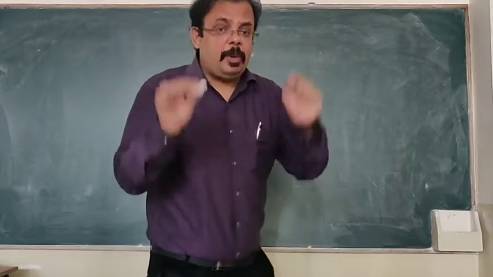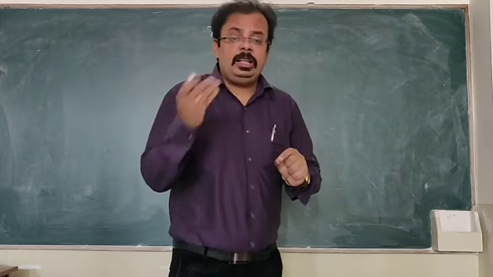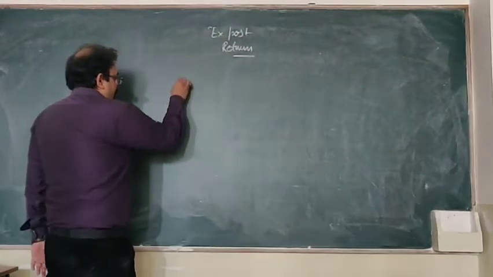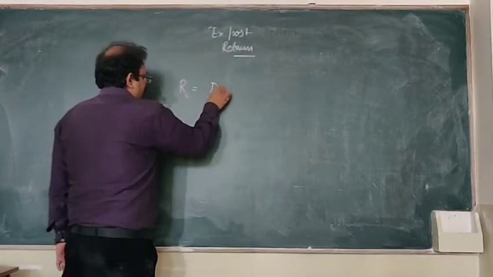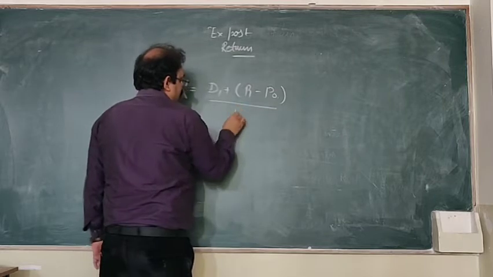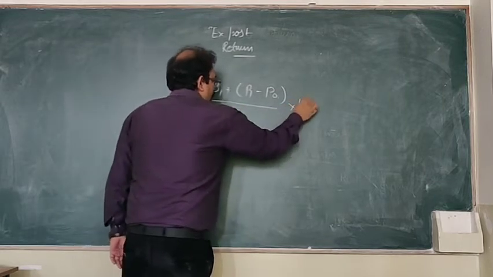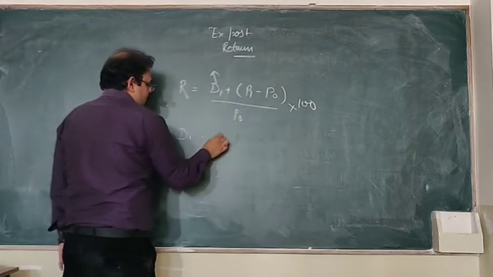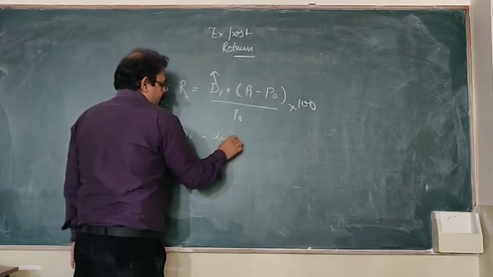Whenever the past data is given and we are calculating the return, that is known as ex post return. For example, the return formula is (D1 + P1 - P0) / P0 x 100. What is D1? Dividend paid in a year.